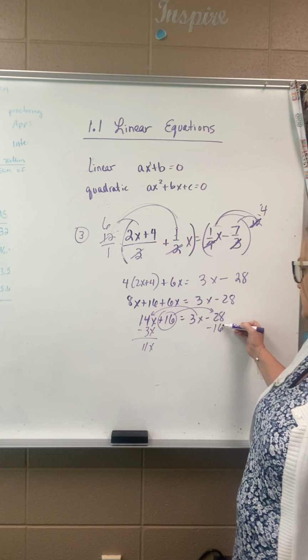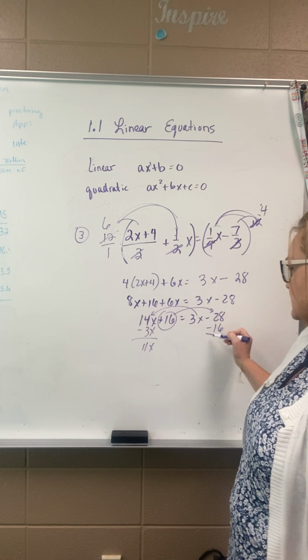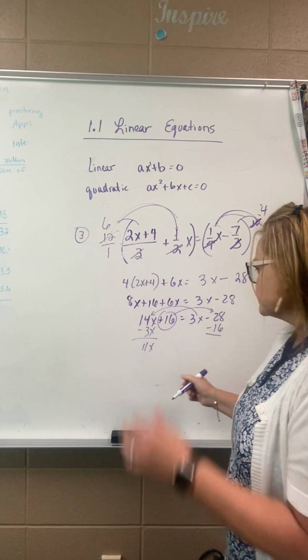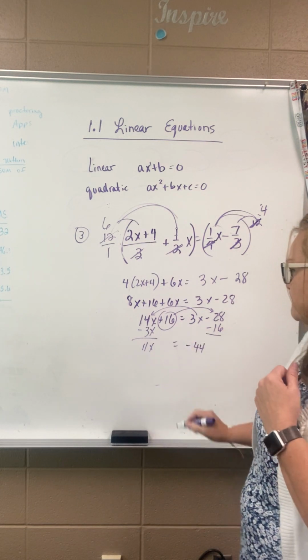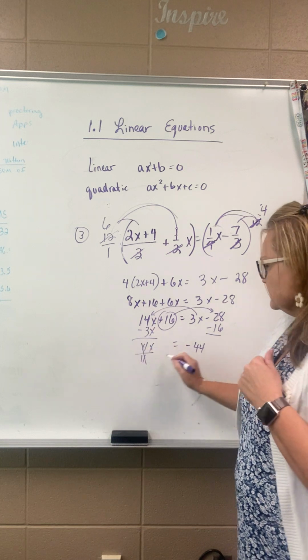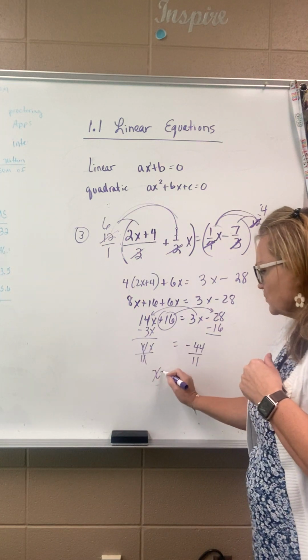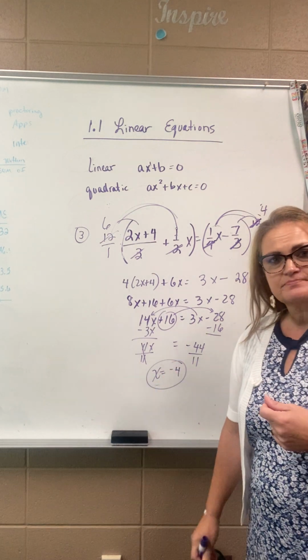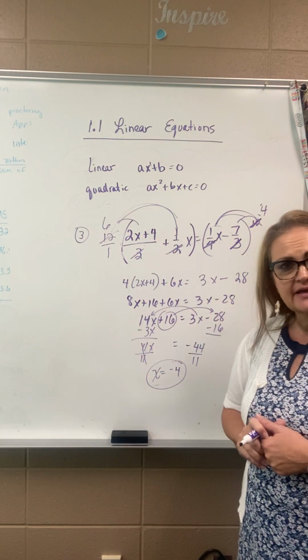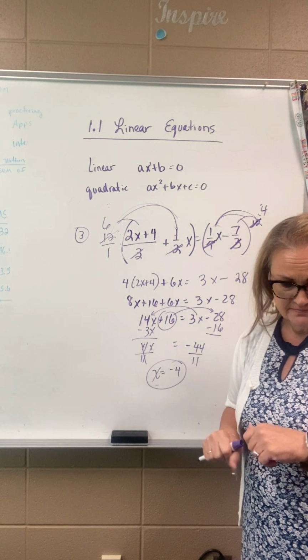Negative 28 plus negative 16. You're combining these, so you're adding basically. Would be negative 44. Bring down your equal sign. Last step is divide by the 11, or 1x, or x equals negative 4 for that one. And then we should be able to check that back in and verify it works.